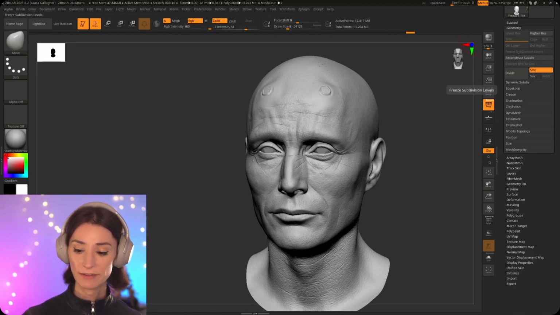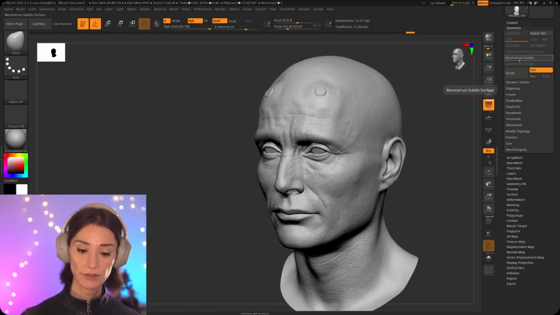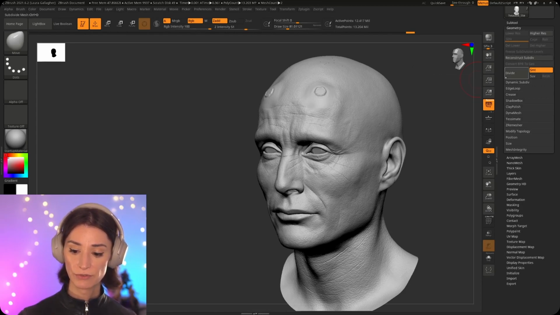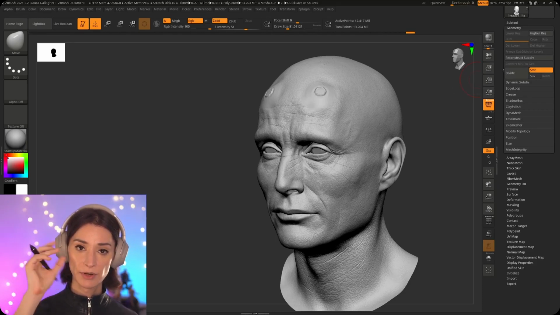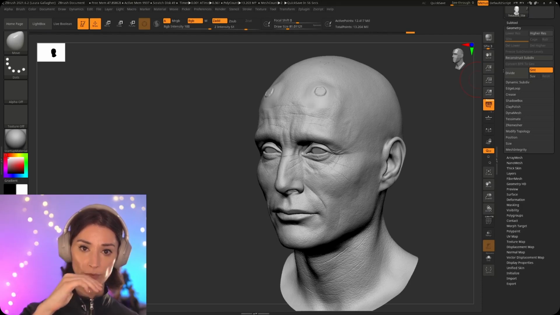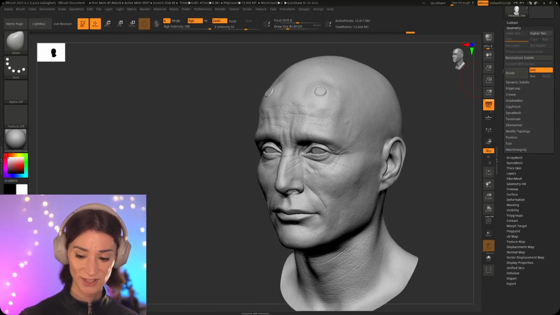All right, guys, if you're stuck like that, you can always reconstruct your subdivision levels, right? So think of this as the inverse of that here. Divide adds subdivision levels. Think about it this way: Reconstruct goes the other way. Reconstruct kind of simplifies your subdivision level.